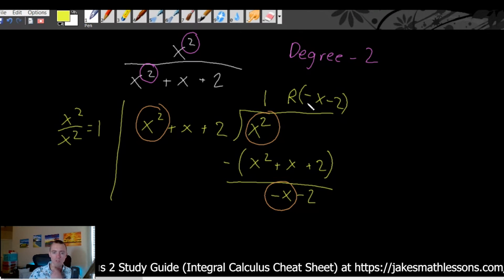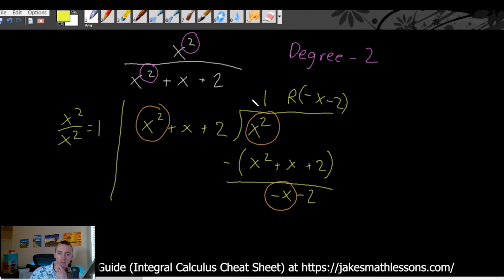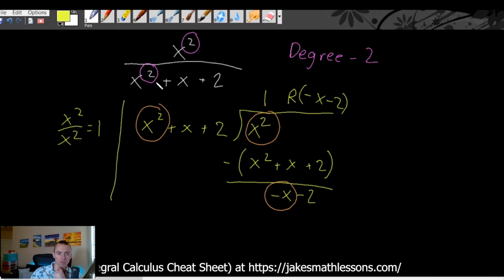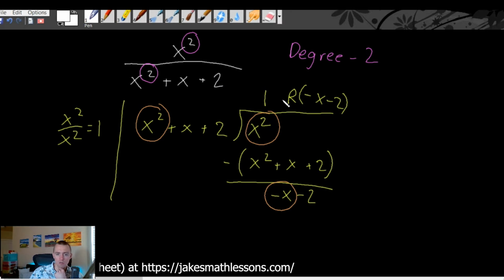So going back to what that actually tells us about this original fraction, when we do this division, it's telling us we can rewrite this division as 1 with a remainder of all this stuff. Since it's a remainder, it's still being divided by whatever our denominator was.